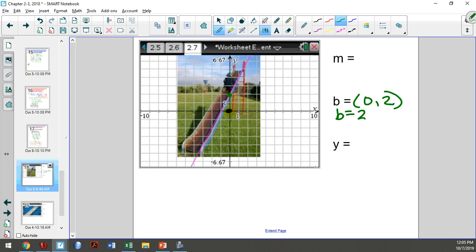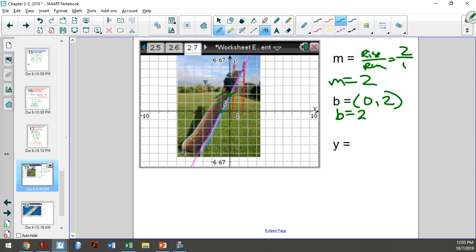Okay? Now, I need to find the slope. So I have 1 point, so I need to find another point on that line. So another point on that line is going to be right here. To the left 1 unit from the origin. Do you see that? So I want to find my slope. So my rise is going to be, I'm rising up 2 units, and then I'm going to the right 1 unit. So what is my slope going to be?